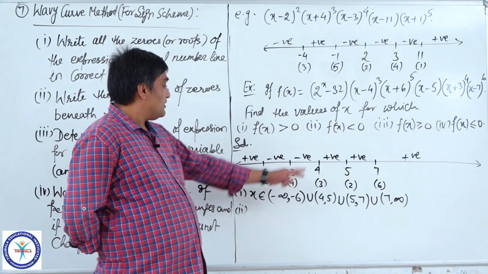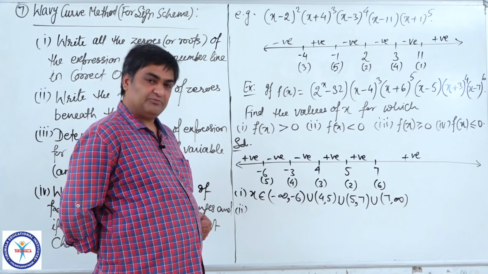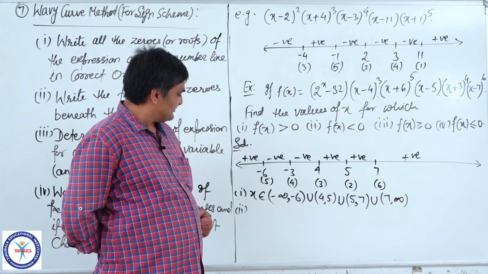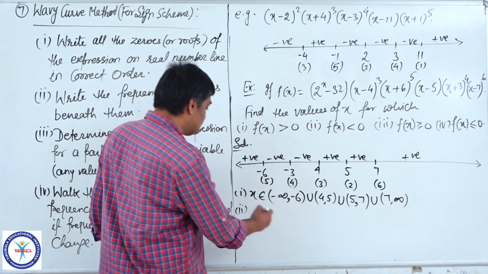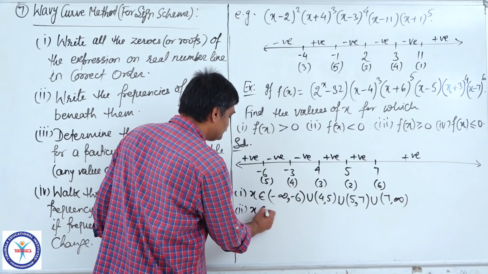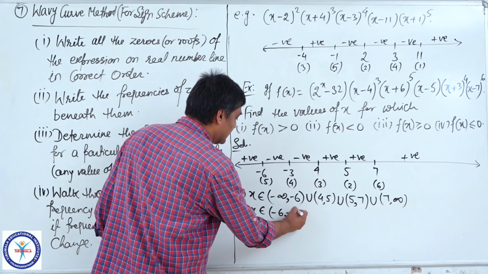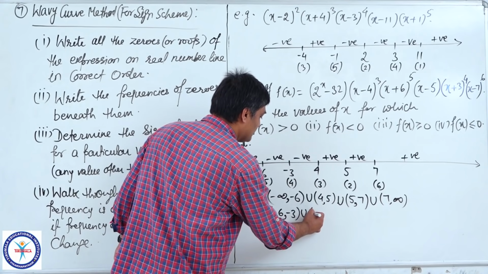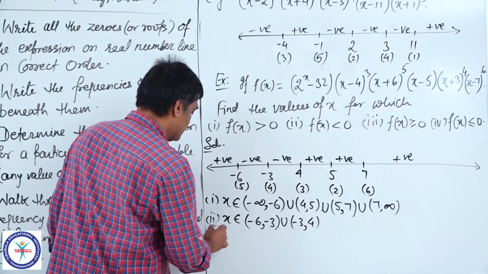Now, f of x less than 0 means negative. Where are negative values? So, x belongs to -6, -3, union -3, 4.